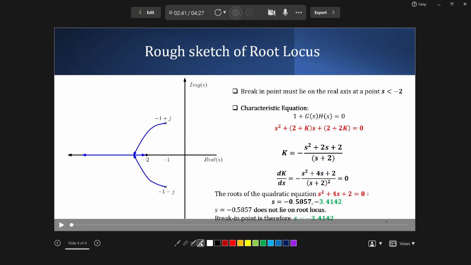So, say I want to find zeta at this point. Okay, at this point I want to find zeta.